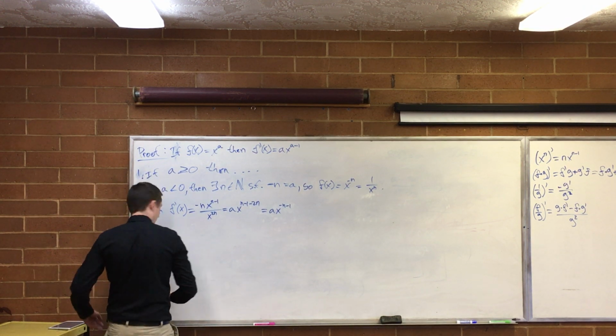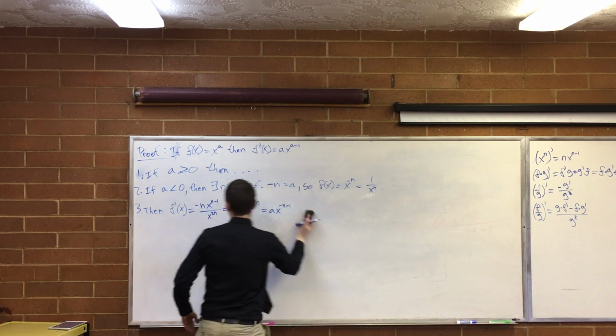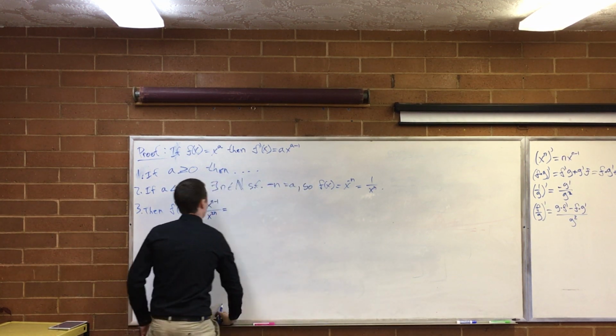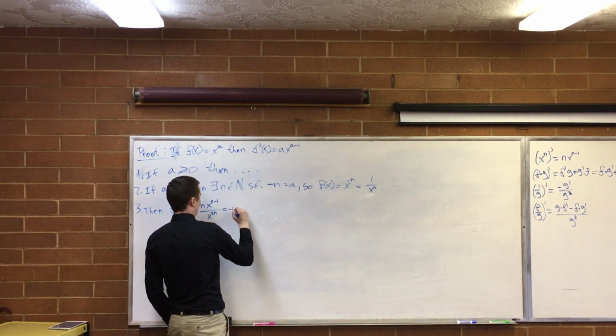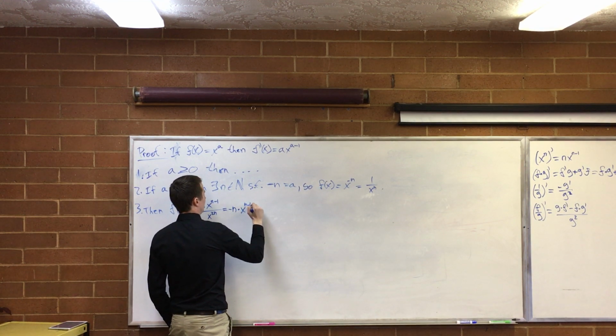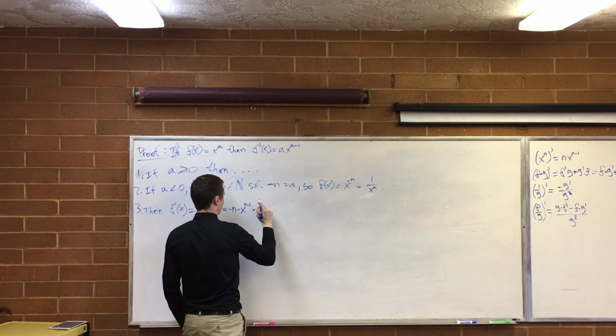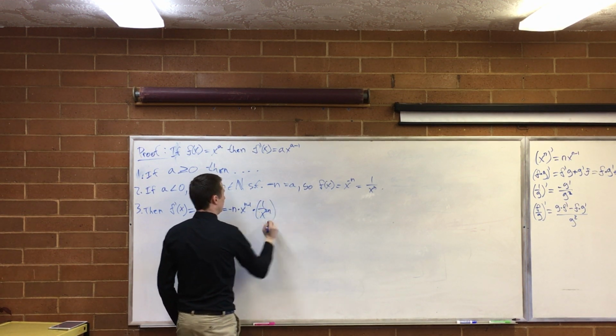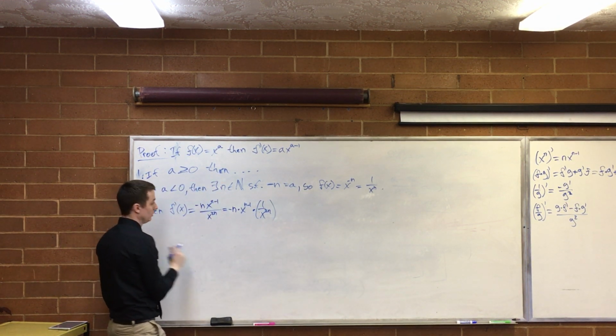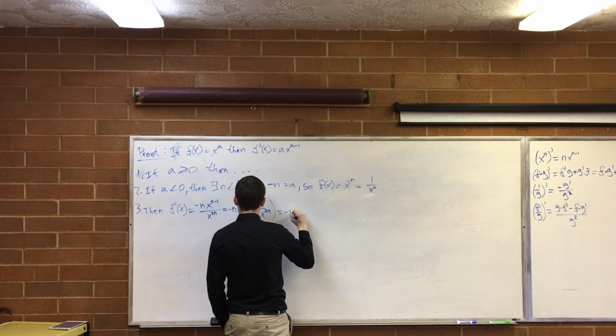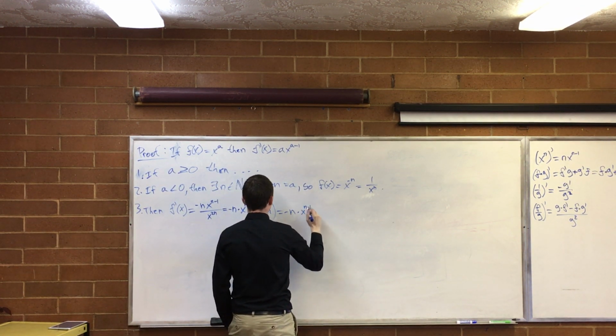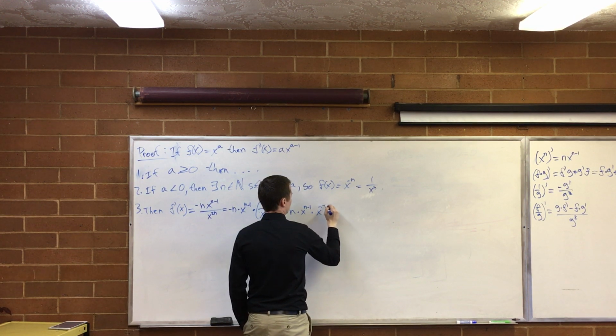Let's do this slower then. So this is equal to negative n times x to the n minus 1 times 1 over x to the 2n. Which is equal to negative n times x to the n minus 1 times x to the negative 2n.